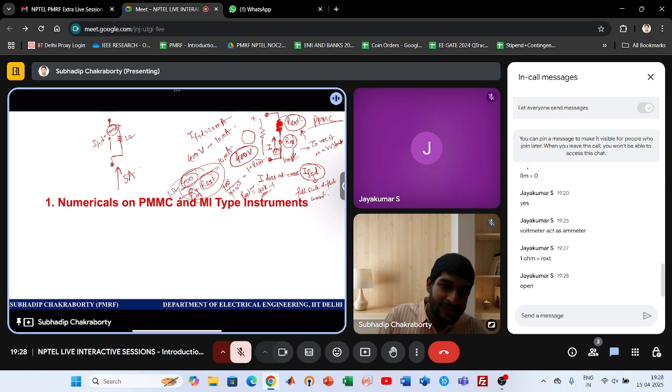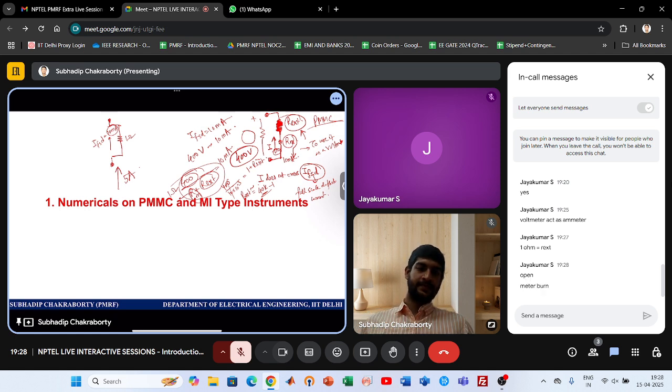What will happen if I connect this instrument without any external arrangement to a circuit to read 5 ampere? Can you tell me? Yes, the meter will burn.